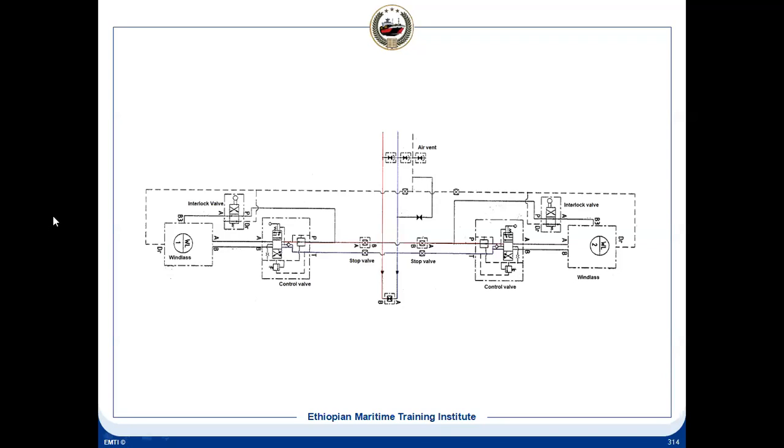To prevent that, we have the non-return valve which will block it. But if the load is high, then what will happen? Suppose due to the wind, due to the rough weather, the vessel is trying to move, then slowly it should pay off. But it will not pay off if you have a stopper, but this counterbalance valve will hold in that position. We have seen the load will not drop.